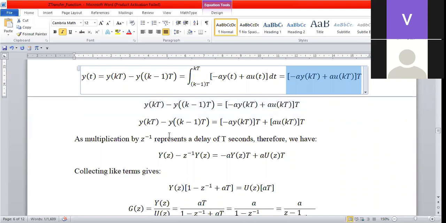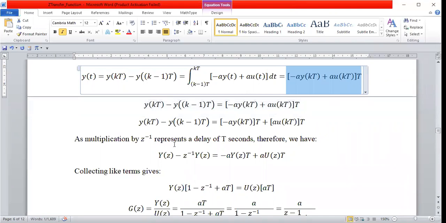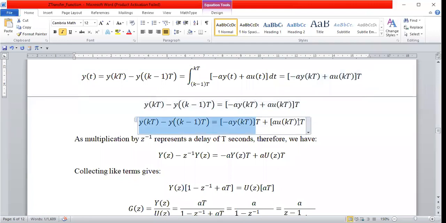Then you do the z transform of this. It's similar to what we said in the last one. The z transform of this is y of z.